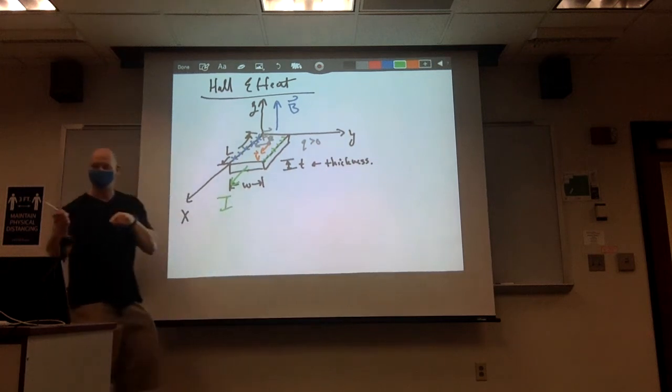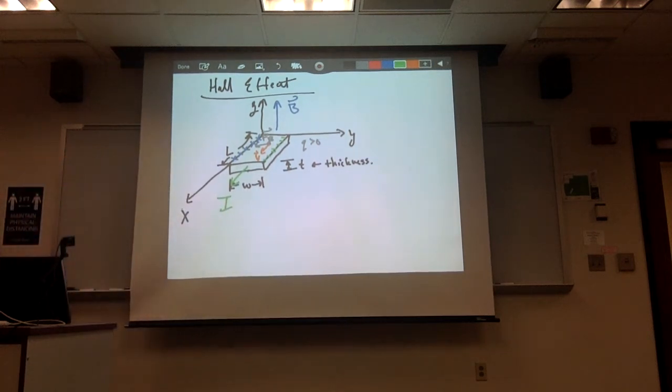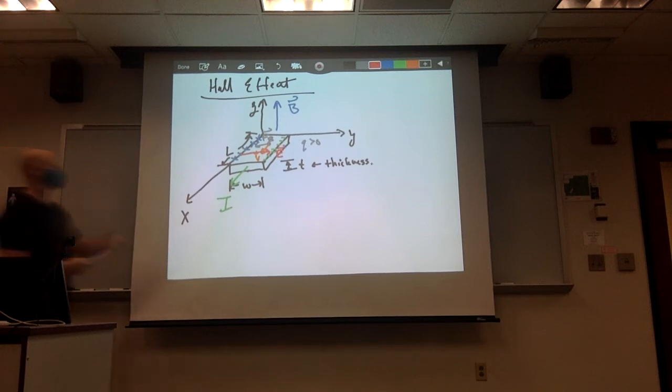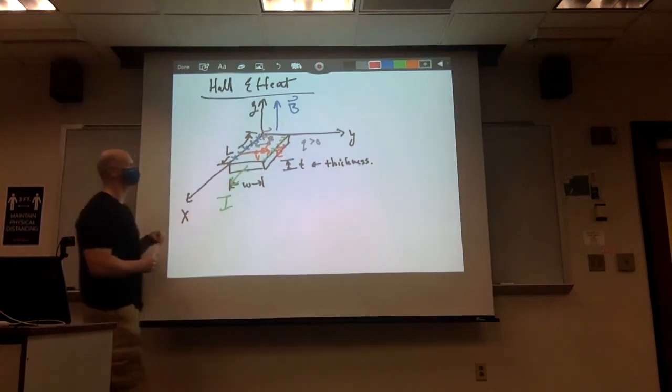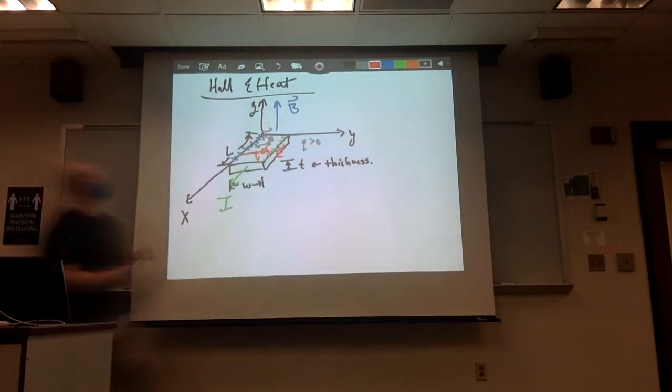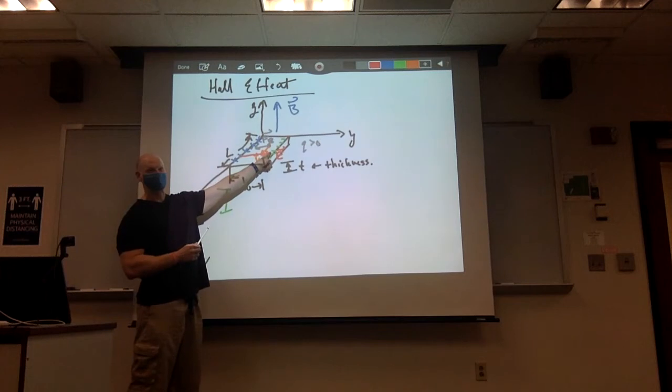I'm going to get an electric field, right? So what I'm also going to build is an electric field, which is going to point in this direction here. So this is going to be my electric field. I'm building up positive charges on this side and negative charges on this side, which means I'm going to point in an electric field. But now I have a charged particle sitting in an external electric field, which means what's it going to feel?